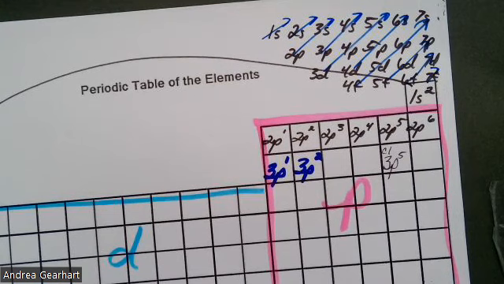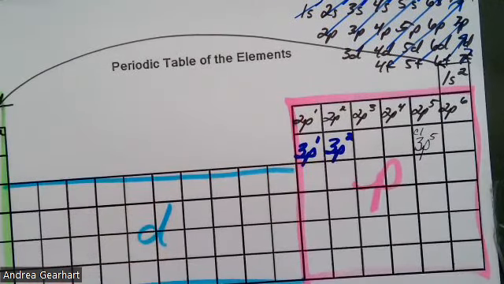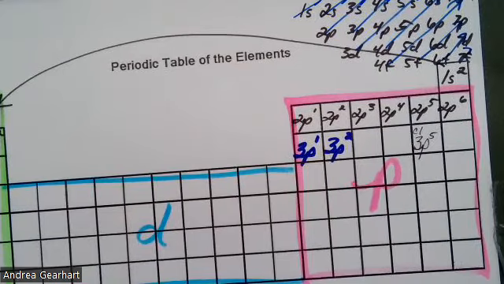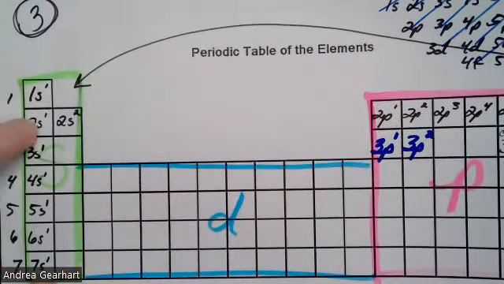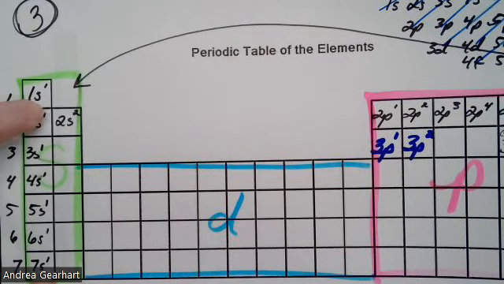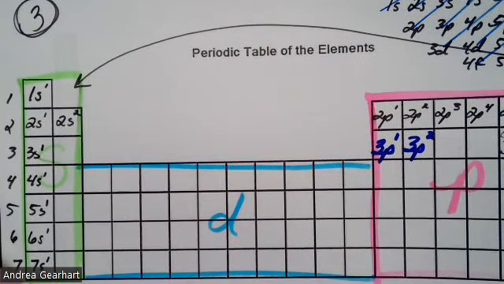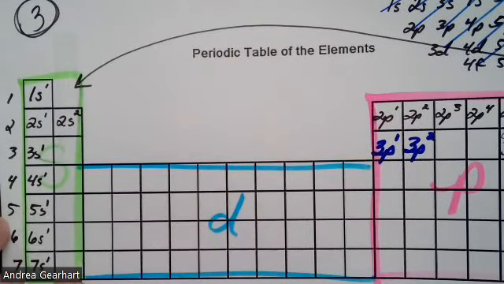Vanadium is 1s2, 2s2, 2p6, 3s2, 3p6, 4s2, 3d3. Remember, we were seeing the trend that all group 1 have 1 electron in the s sublevel. Well, then the second group have 2 electrons in the s sublevel.